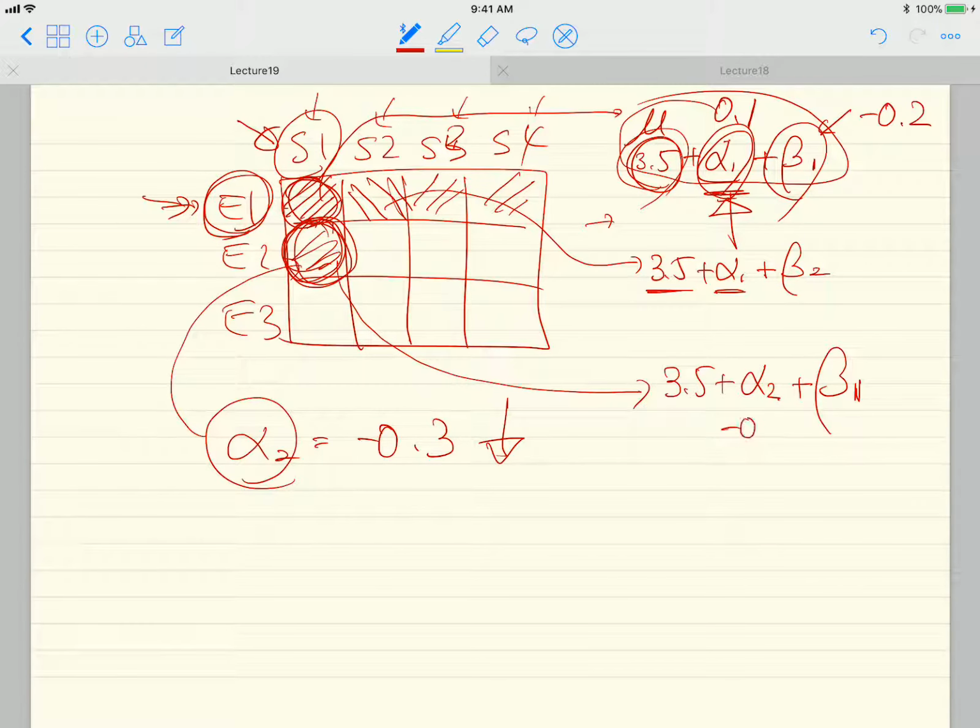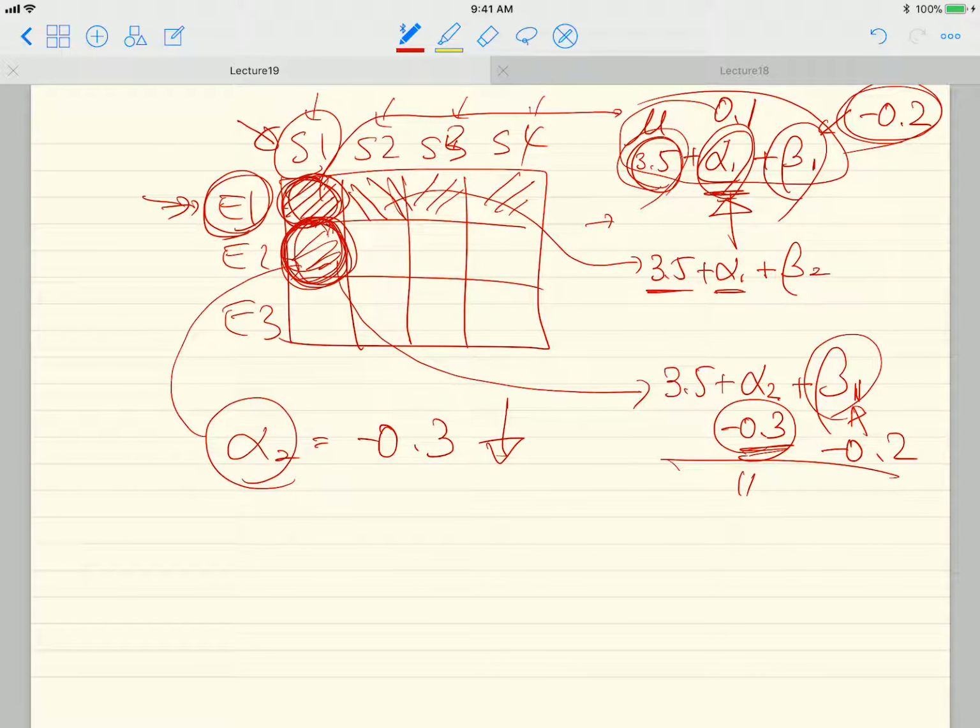That means minus 0.3, which means the second exam was difficult by this particular amount, and beta 1 was already fixed in the first cell. So in this manner, the true mean value of this cell should be 3.0.